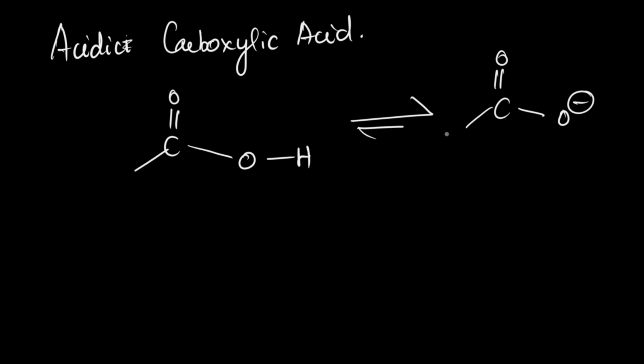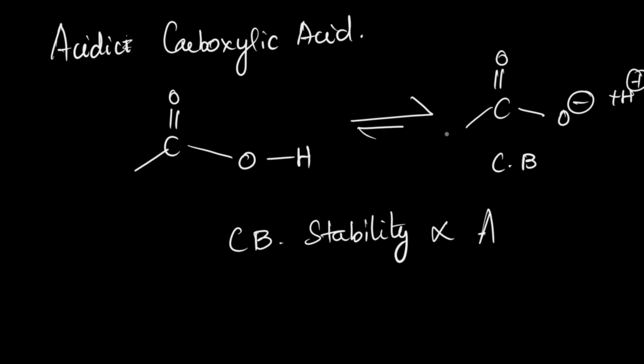Because H plus will be leaving, and O is more electronegative, more electron withdrawing, it forms a conjugate base. So the conjugate base is more stable, and the acidity increases. Conjugate base stability is directly proportional to acidity.